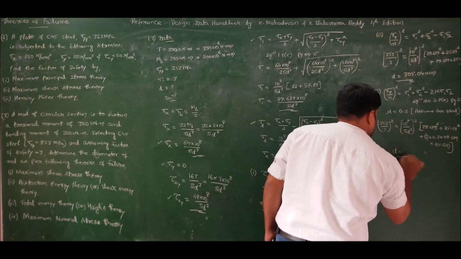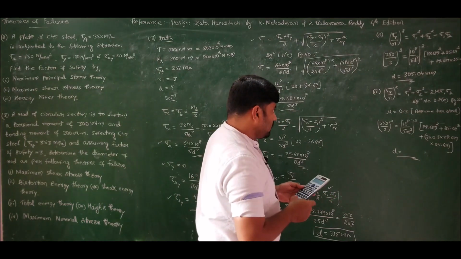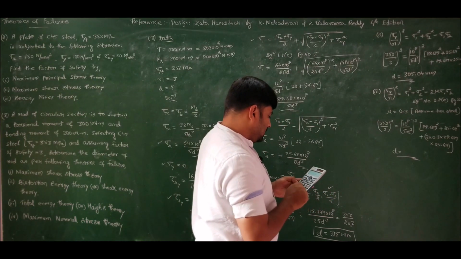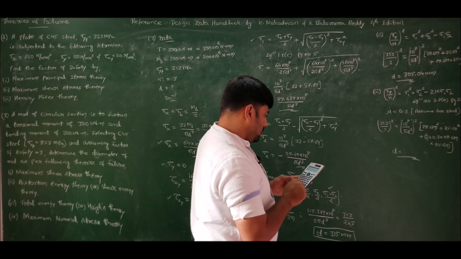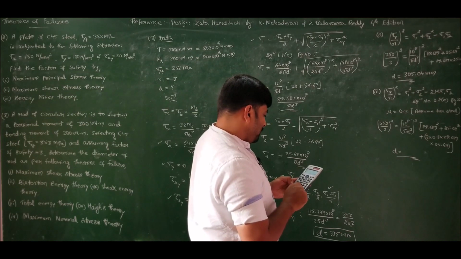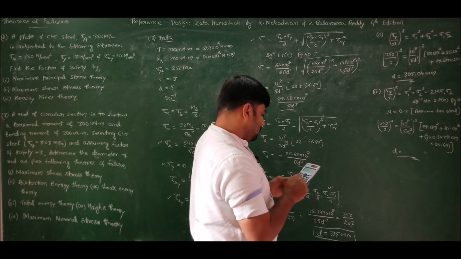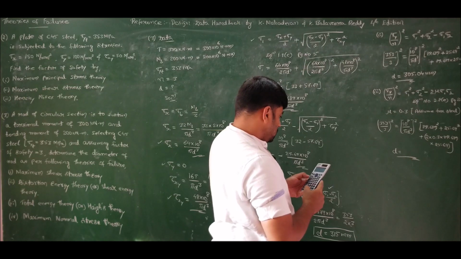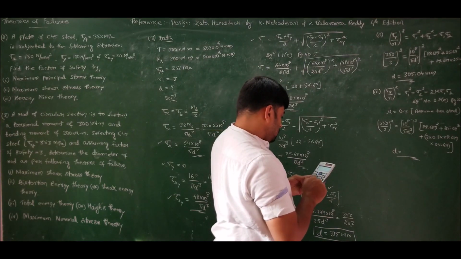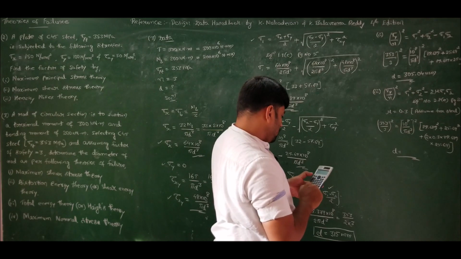So the diameter, if I solve this: 89.689 square plus 25.69 square plus 2 into 0.3 into 89.689 into 25.69, multiplied by 10 to the power of 8 whole square, that is 10 to the power of 16, again multiplied by 3 square, must be divided by 353 square into pi square.